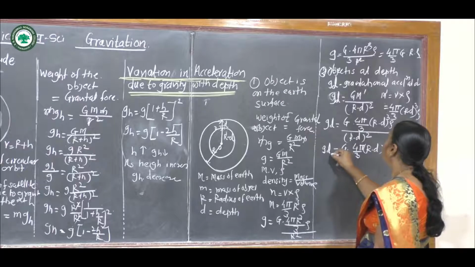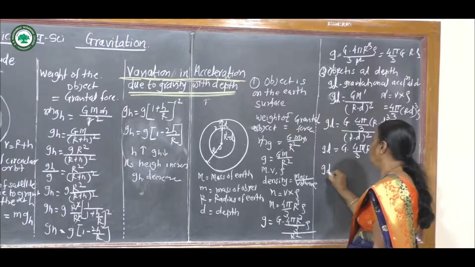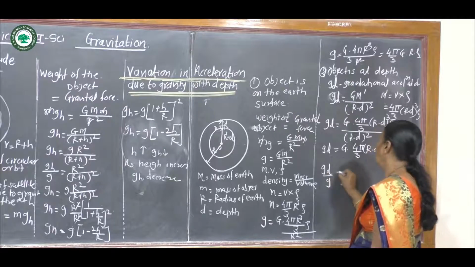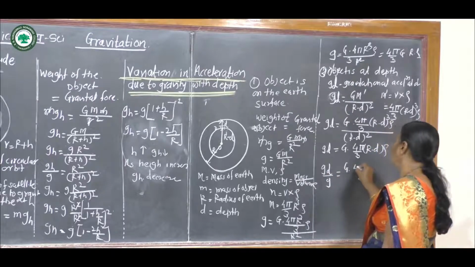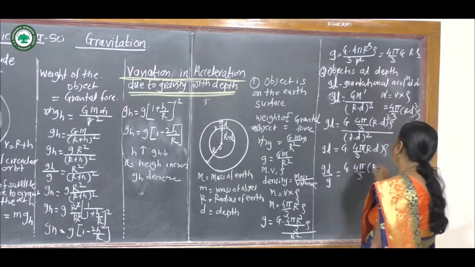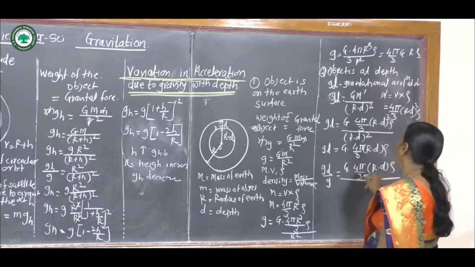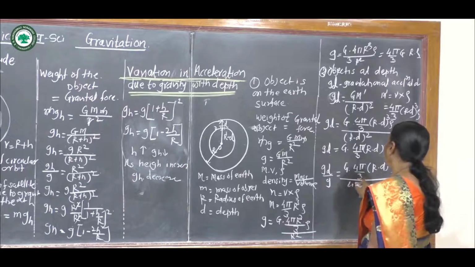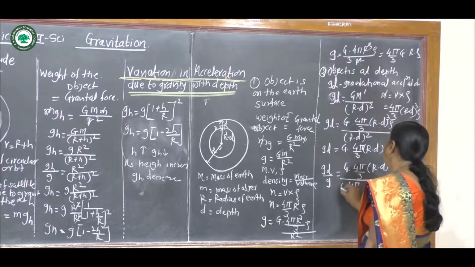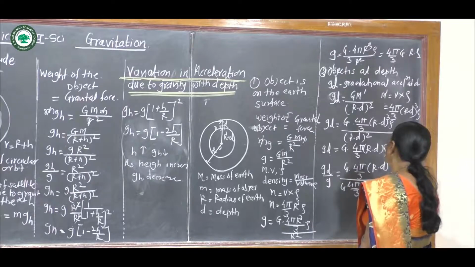Then g_d divided by g becomes G into 4 pi by 3 into R minus d into rho divided by 4 pi by 3 G into R into rho.